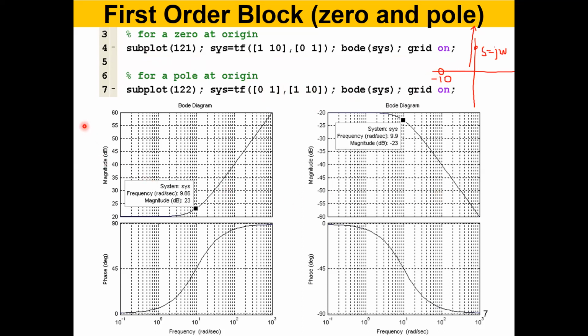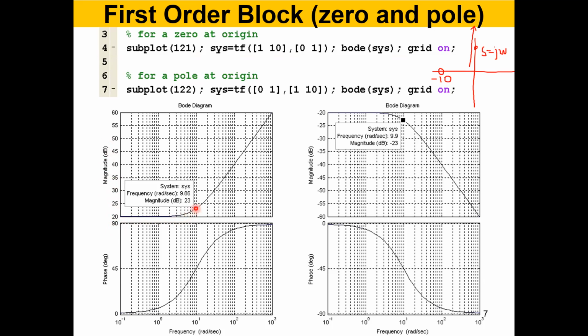So what do you see? What do you see? You will see 20 dB magnitude for low frequencies. It stays that way for most of the lower frequencies, and then gradually rises.